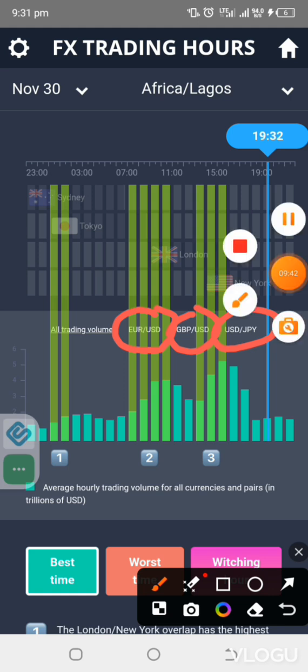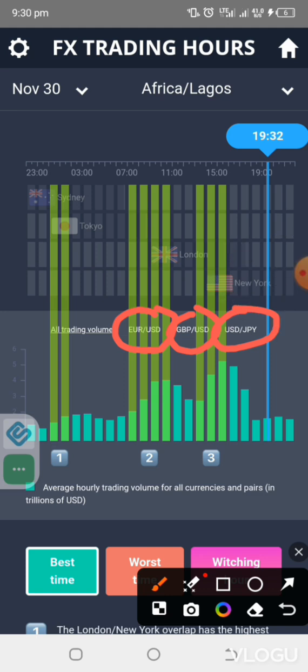Make sure to change your time zone based on your country, and make sure that you are not risking more than you can afford to lose. Use at least a 1:3 risk to reward ratio. This will help you to recover your losses and stay without blowing your account.